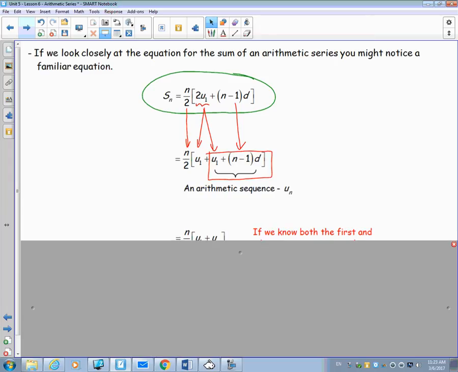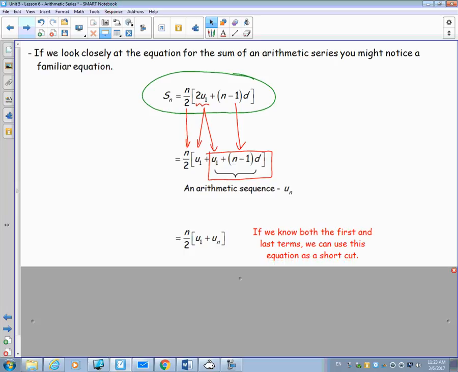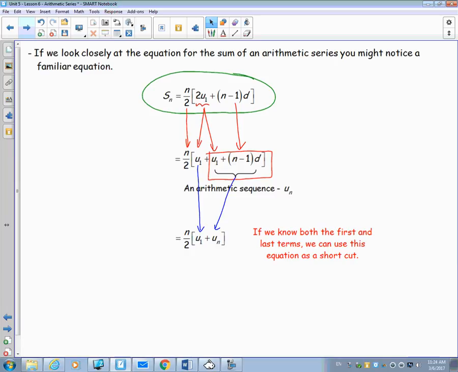So another way I can write it is n divided by 2 times u1, that's this u1, and all of this is un.